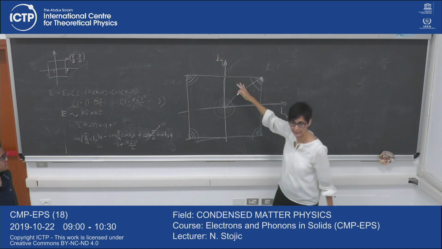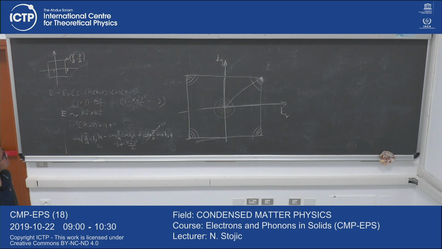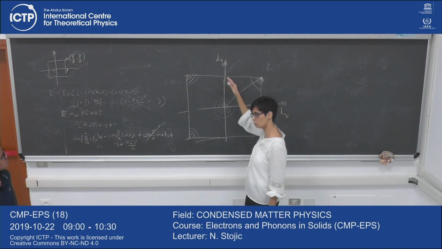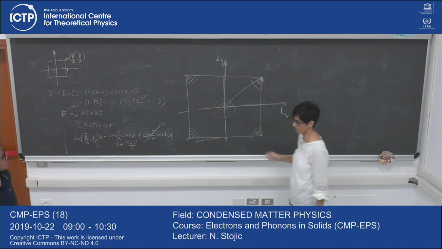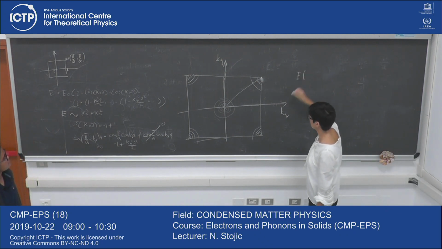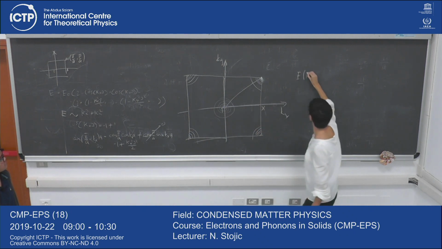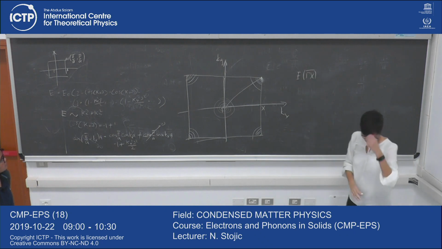I would attempt this one, and then I can give you the solution of the mathematical approach at the end. So you start drawing and comparing at which point they have the same value. So the energy along the gamma-x direction.